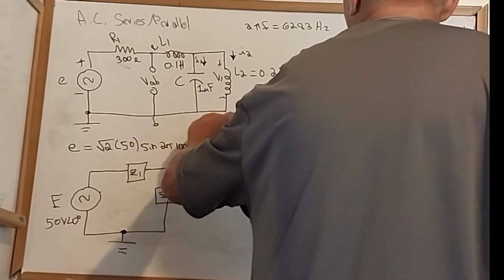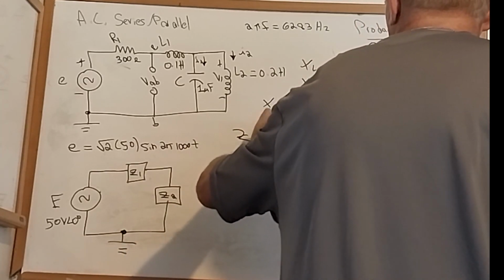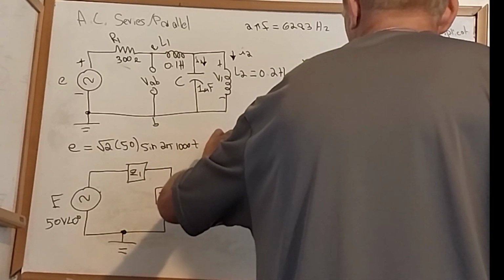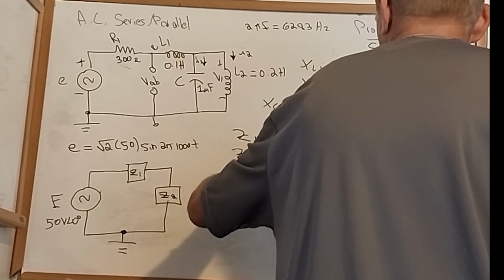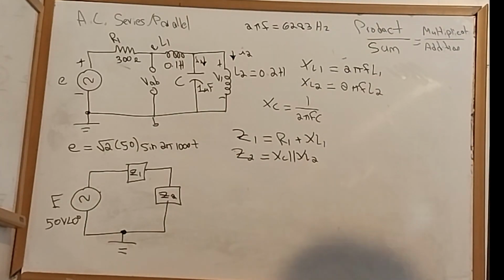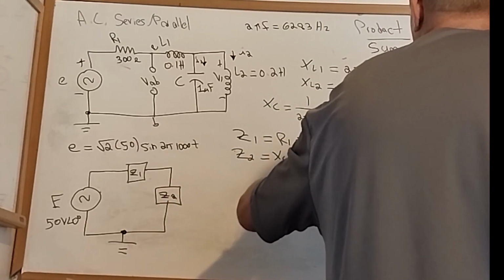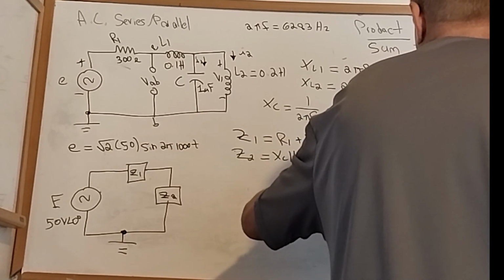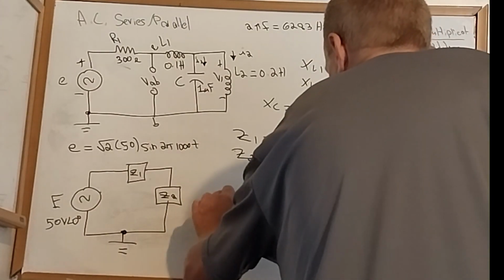So Z sub 1 is equal to R1 plus X of L1, and then Z sub 2 is equal to X of C in parallel with X of L2. This can be rewritten as X of C times X of L2 divided by X of C plus X of L2. And now we have Z1 in series with Z2, which is real simple.